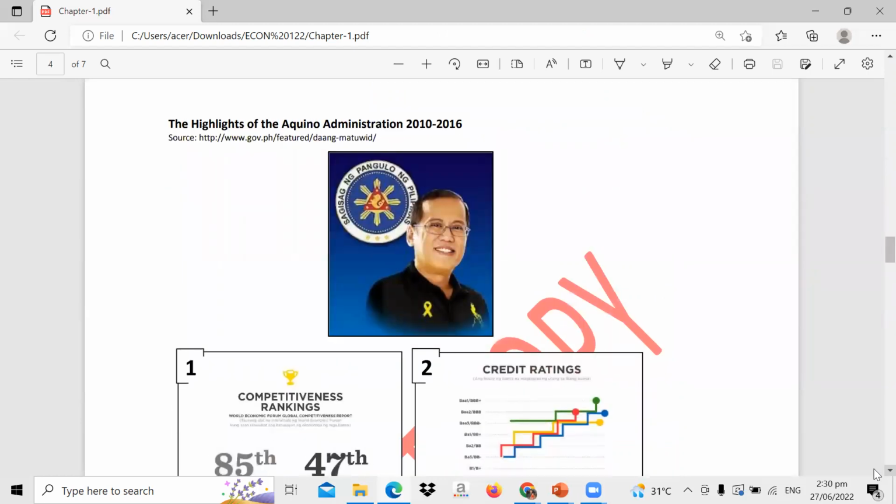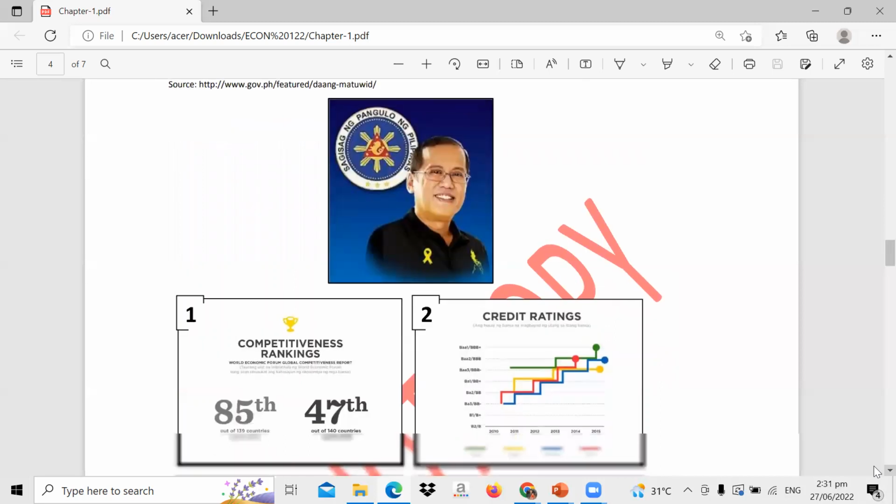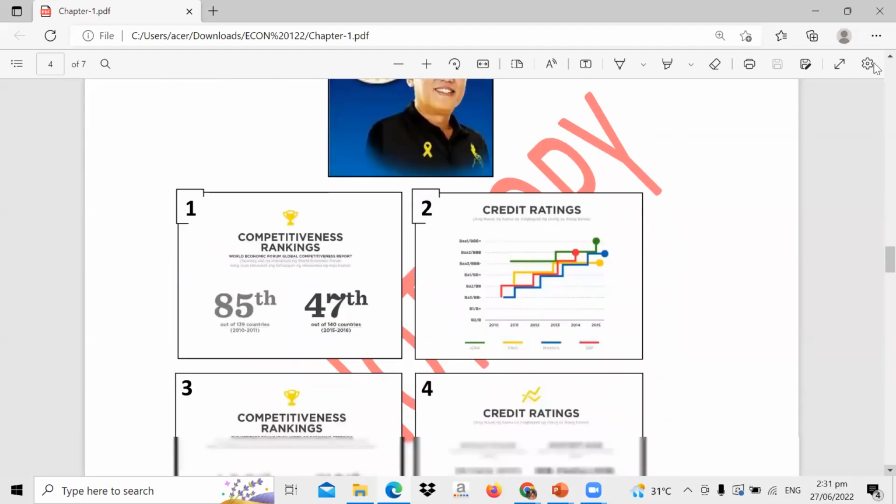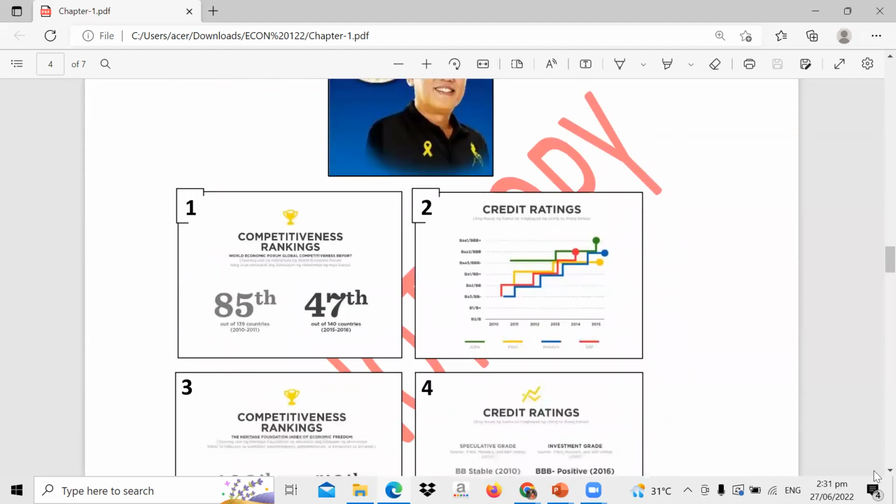For now, wala pa namo na-include ang Duterte administration, ang latest, kay wala pa mahuman ang iyang term. So that is why kang President, o former president na pala, si Noynoy Aquino. So these are the highlights of the past administration.